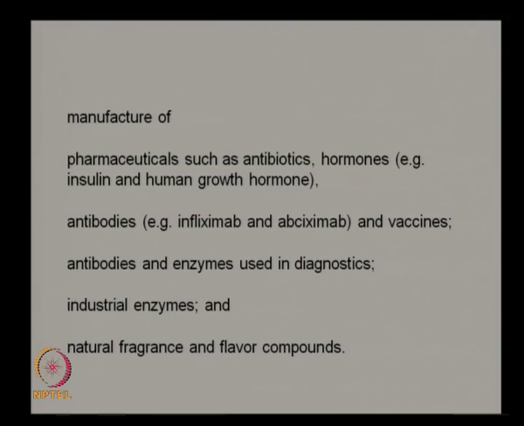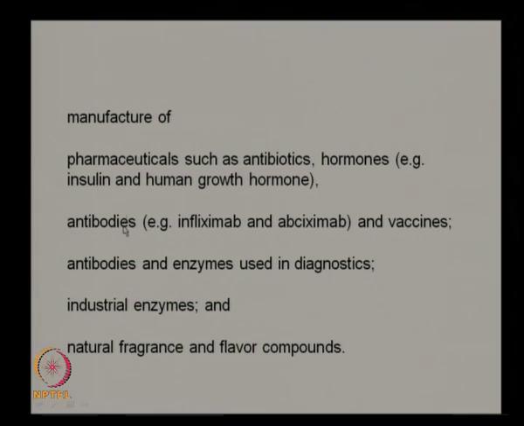So downstream can help in the manufacture of pharmaceutical products. All the antibiotics are made using fermentation or biotechnology routes, so they resort to quite a lot of downstream steps. You can use it for making hormones, it could be human growth hormone or insulin.